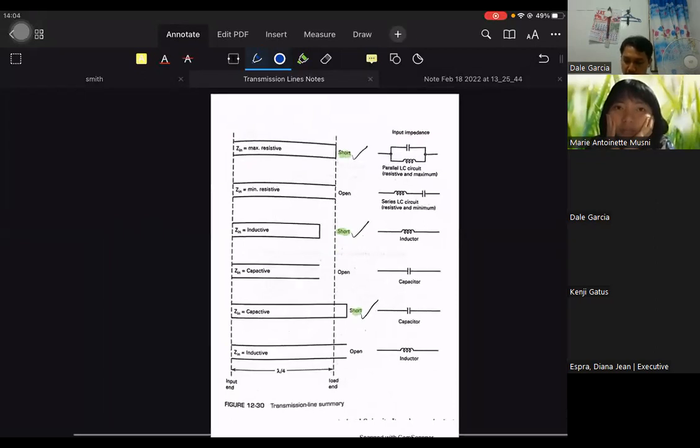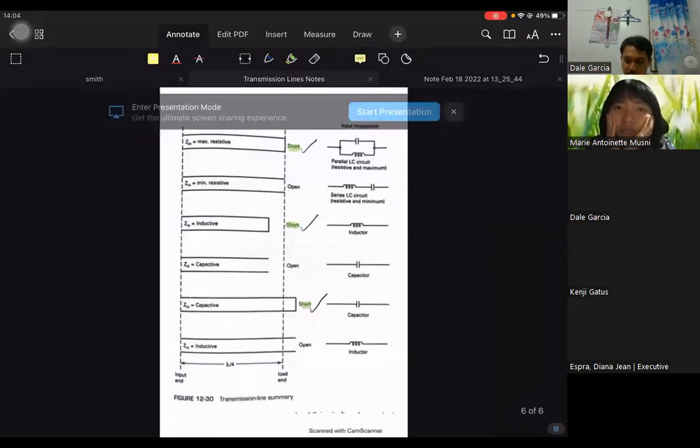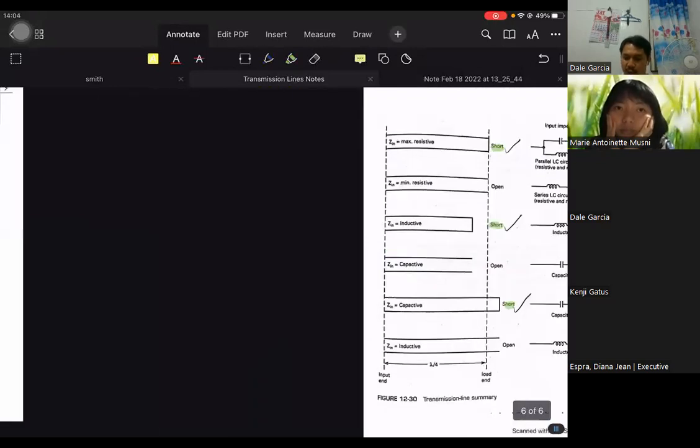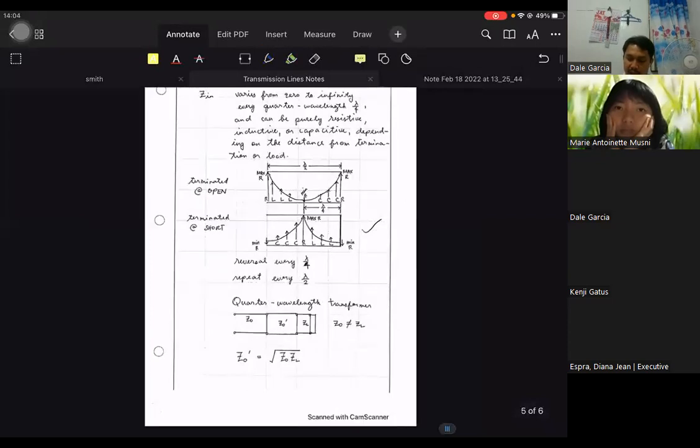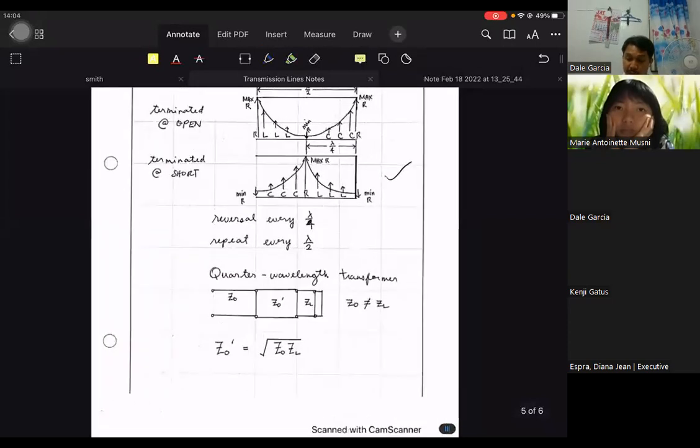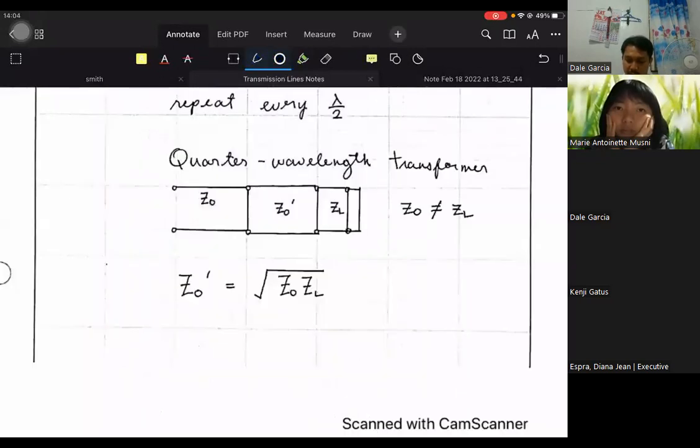We also mentioned one method to match a line and a load. If our load is purely resistive, we will use this concept, the quarter wavelength transformer.